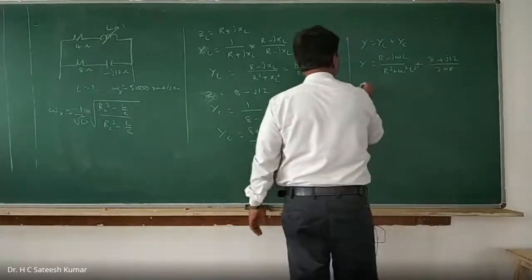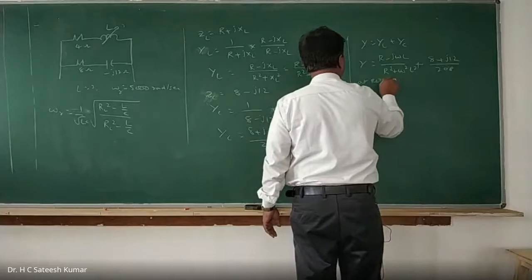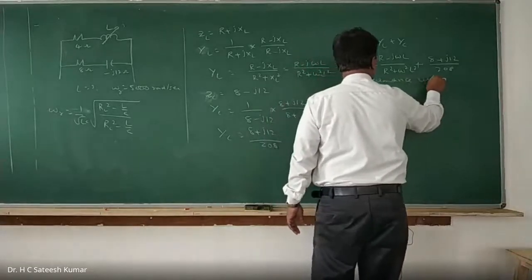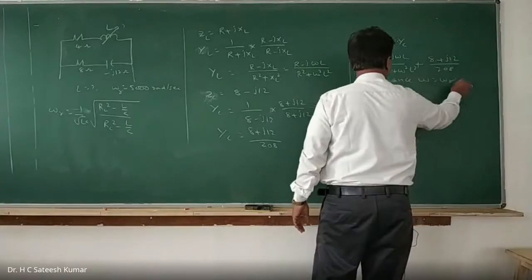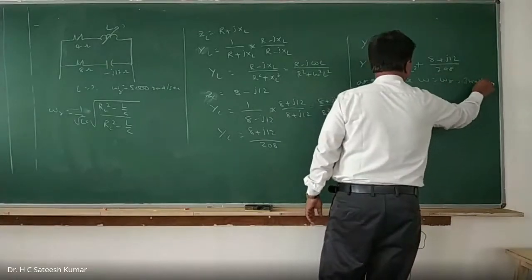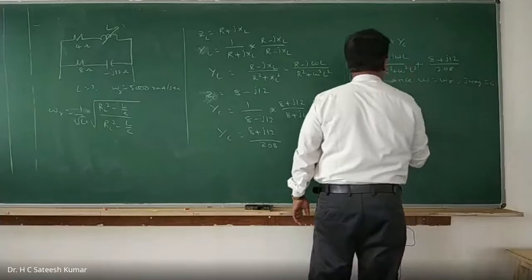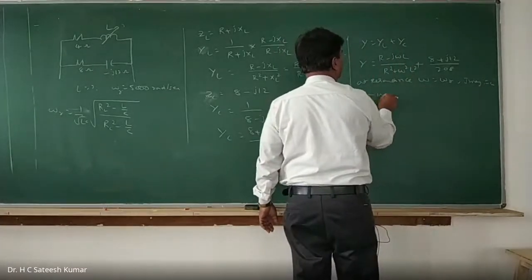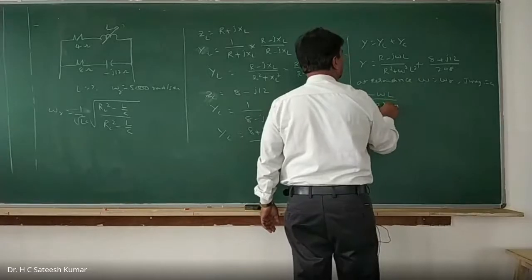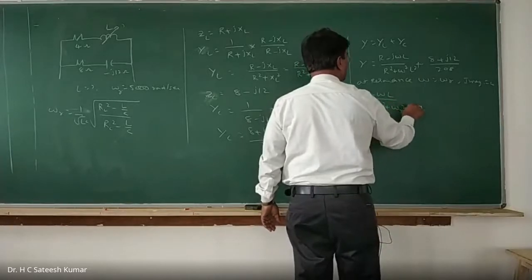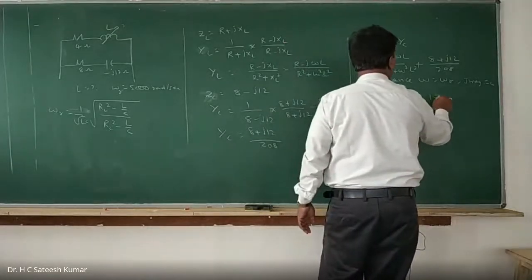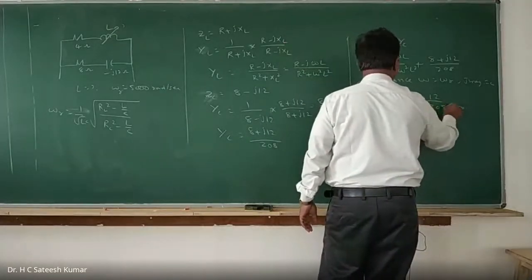Now at resonance, omega becomes omega r and the imaginary part is equal to 0. So the imaginary part: minus omega r L divided by R square plus omega r squared L squared, plus 12 divided by 208, is equal to 0.